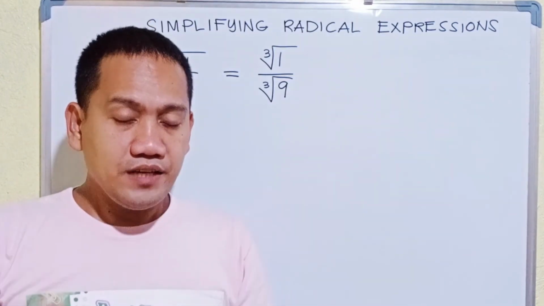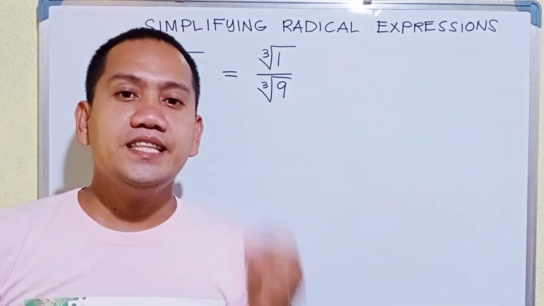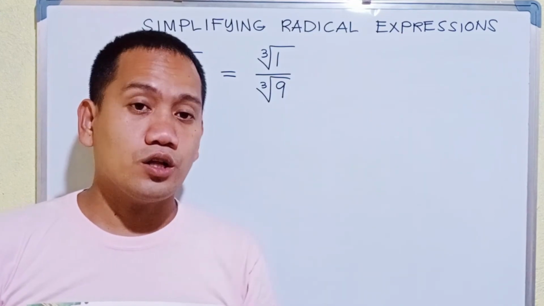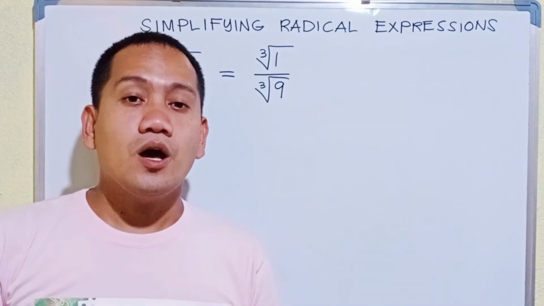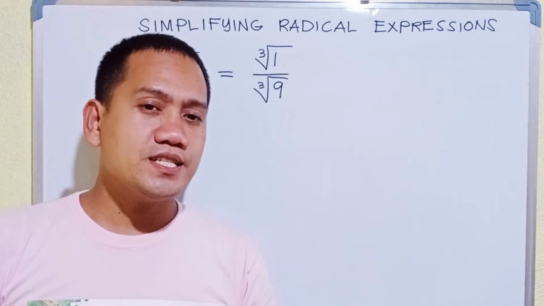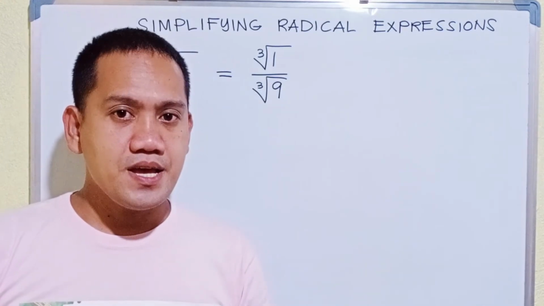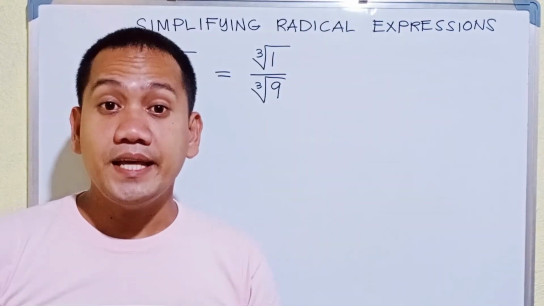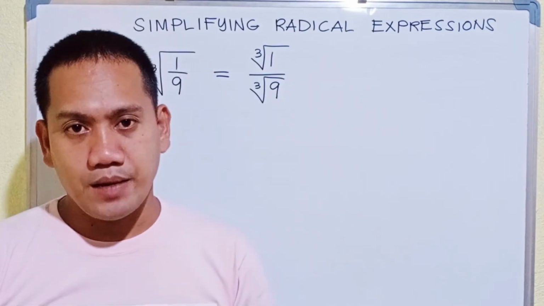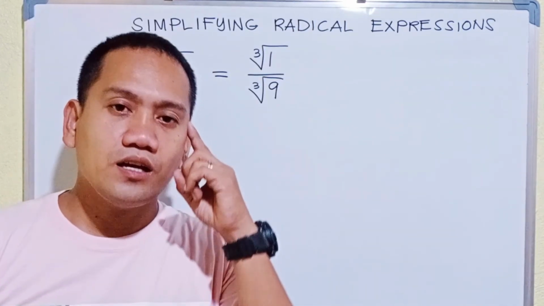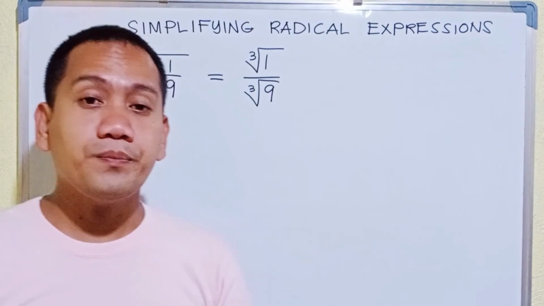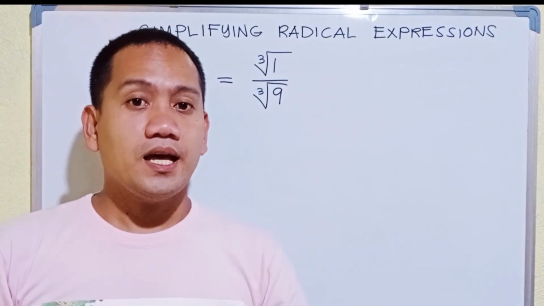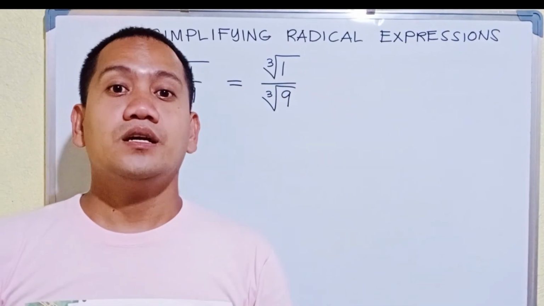In this given radical expression, the idea of rationalization will take place. Again, when we define rationalization, it is simply the process of eliminating the radical symbol in the denominator. So we will think of a possible number to be multiplied to 9 to make it a perfect cube.